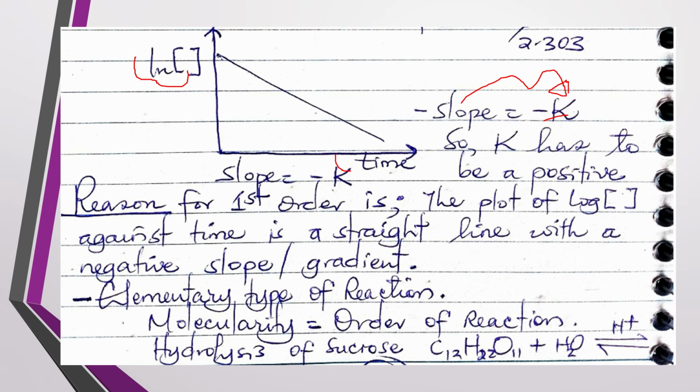When you're giving the reason for why you identified your graph as a first order reaction, the reason is that the plot of whatever you're plotting on the y-axis against time is a straight line with a negative or positive gradient. It can either be negative or positive. If it's slanting downwards, that's a negative gradient.